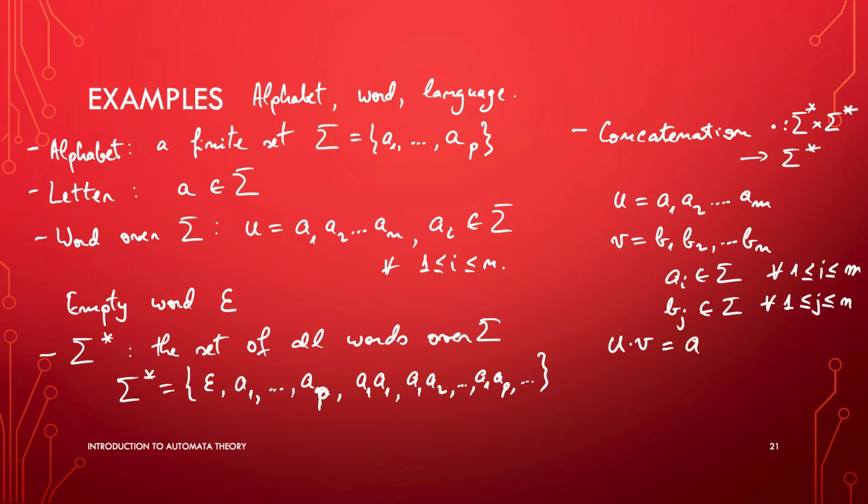You first write all the letters of u, and then all the letters of v. So that's another word over sigma star.